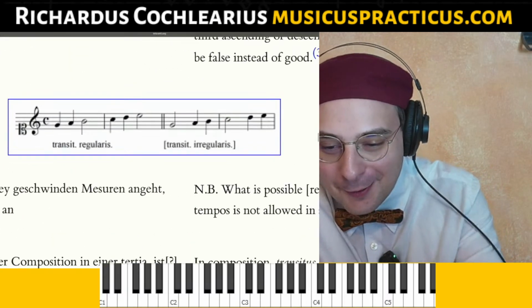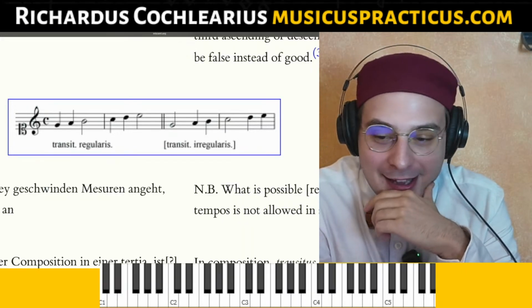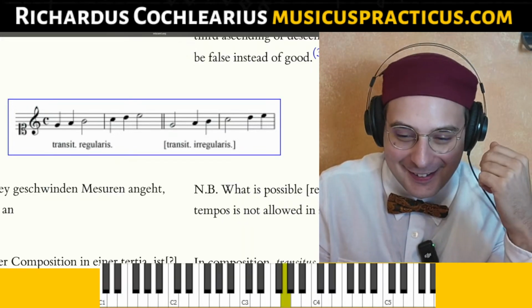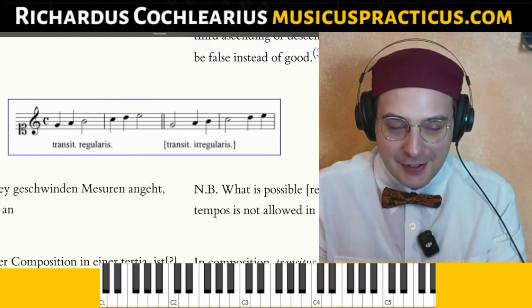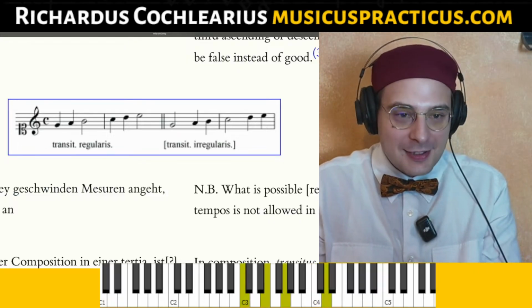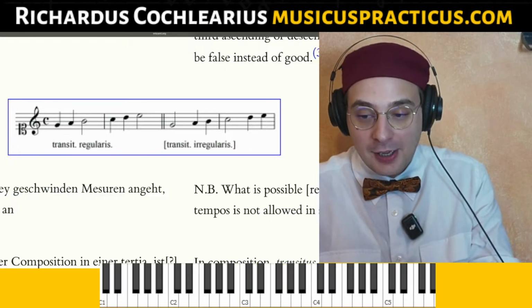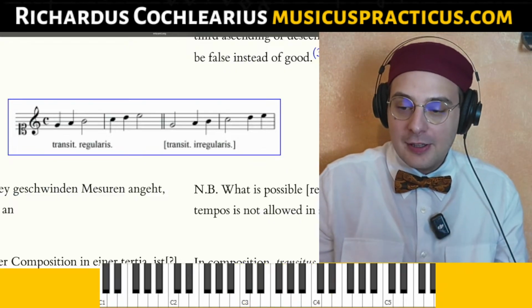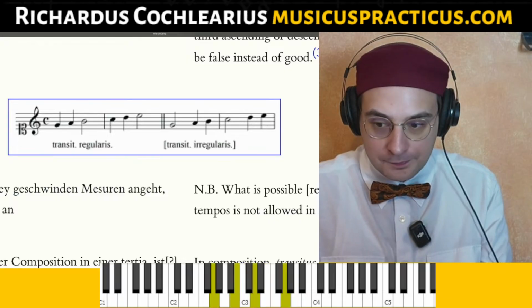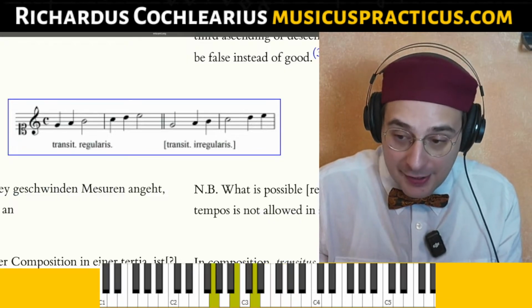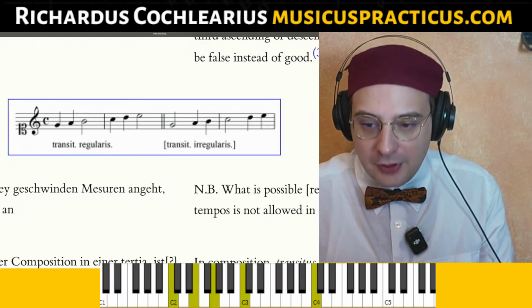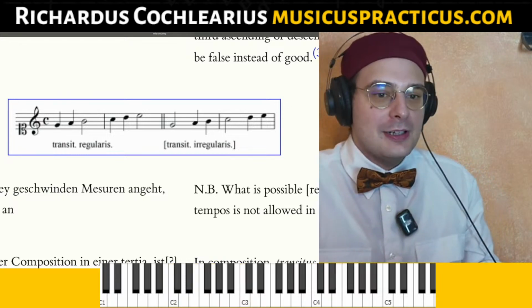So, transitus regularis, ta-ra-ta, ta-ra-ta. So, consonant, dissonant, consonant, consonant, dissonant, consonant, consonant, dissonant, consonant. This is the way.